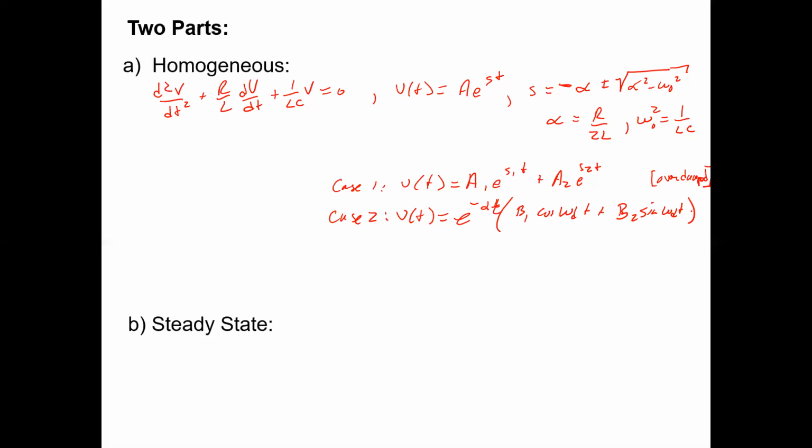And that's where omega d equals the square root of omega 0 squared minus alpha squared. And case 3 is when v of t equals e to the minus alpha t times a1 plus a2 t.